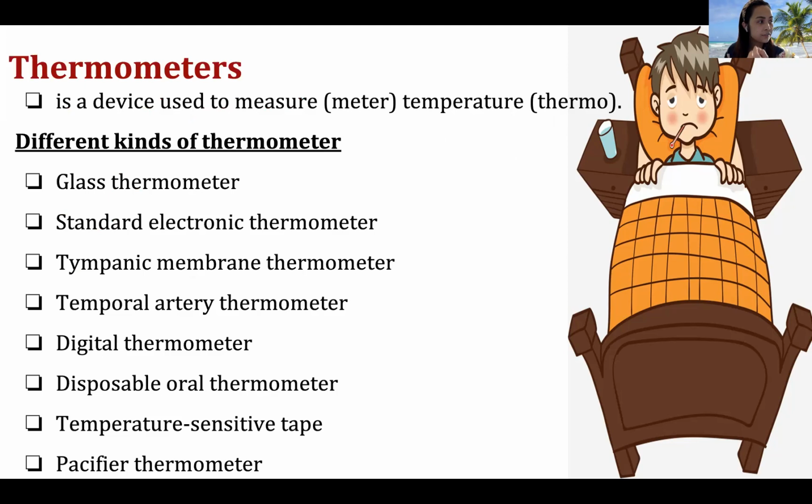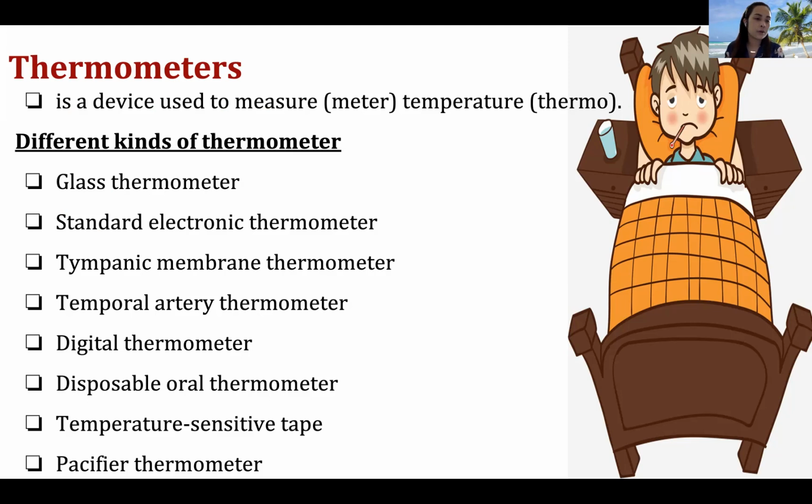So what are the devices we are using just to get the temperature of the patient? We are using the thermometers. Thermometer is the device used to measure temperature. Meter means measure, thermo means temperature. Okay, we have different kinds of thermometer we are using in the hospital.